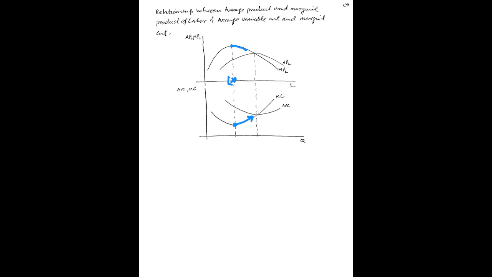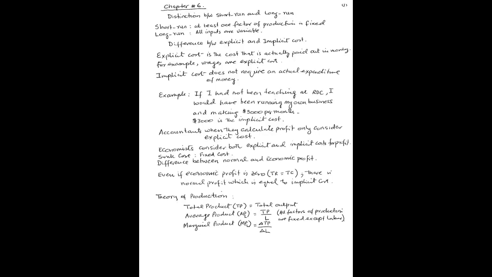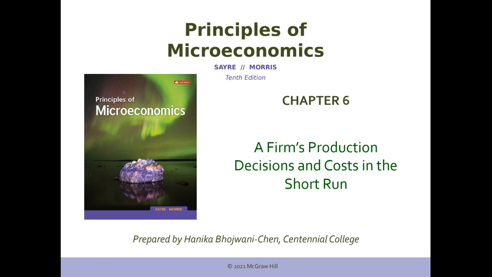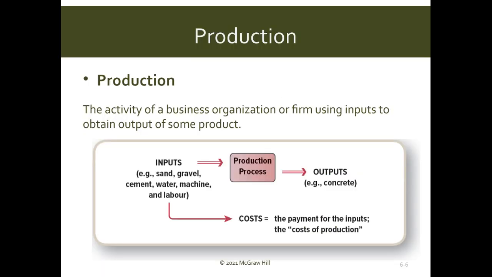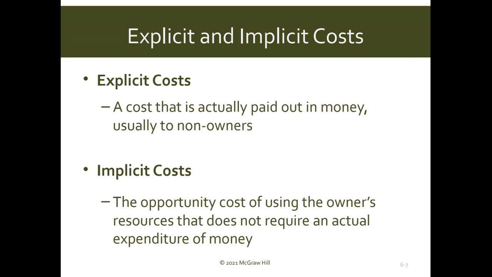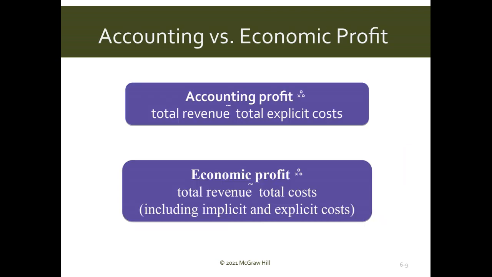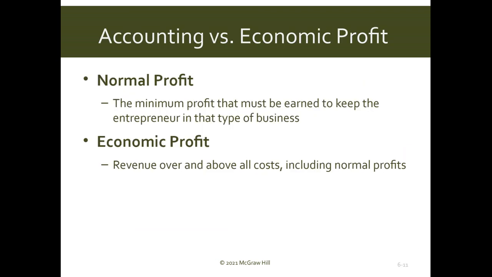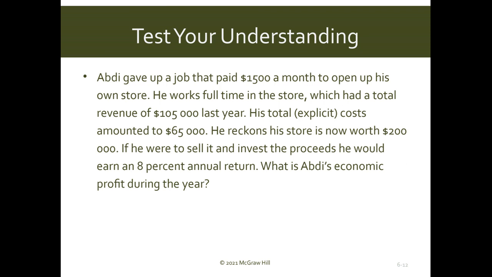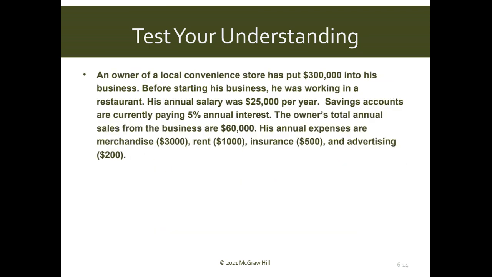I've discussed accounting profit, economic profit, normal profit, and the test your understanding slide. These are the 3 examples that I gave you to calculate economic profit and accounting profit. You should be able to do these.